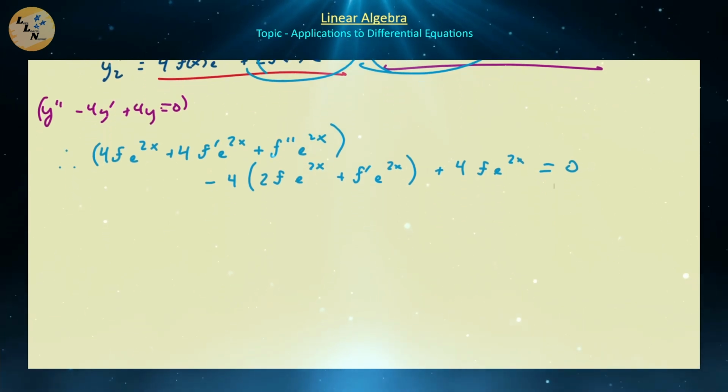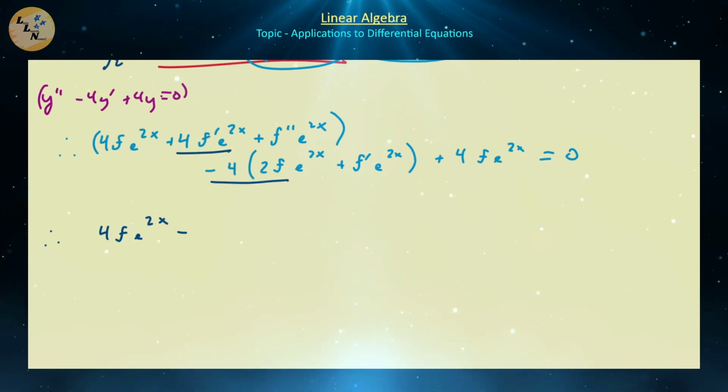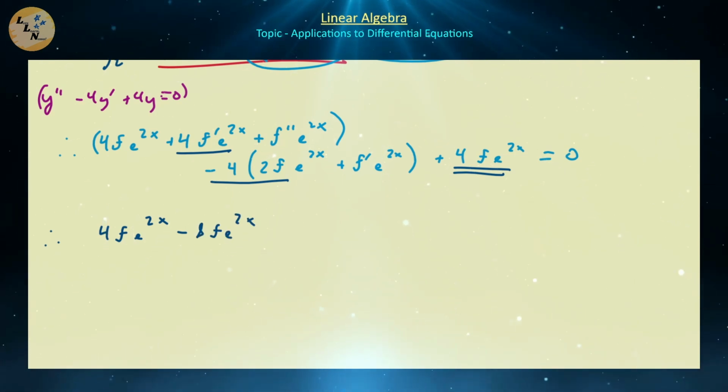So once I combine like terms, what am I going to have? This is going to give me 4f e^(2x), minus 8f e^(2x), and I also have a plus 4f e^(2x) there as well. I'm going to group them together.